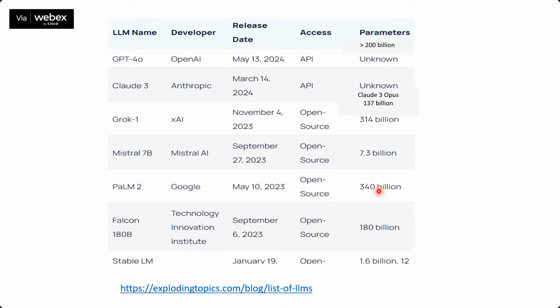In fact, they have now become so large that in the last few months there is a lot of development happening on small language models, because obviously large language models require that much compute, storage, etc. So for very specific use cases, you have this concept of small language models also available.